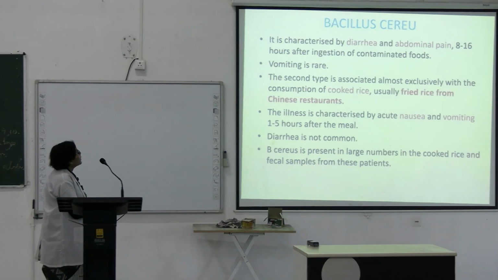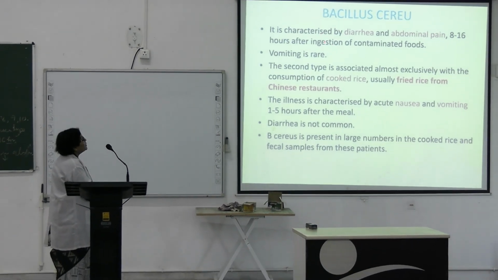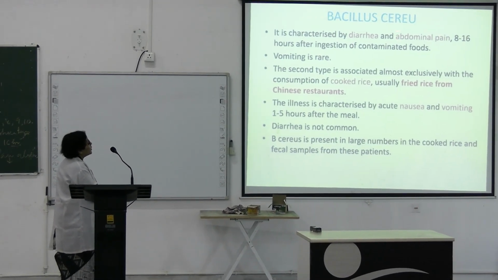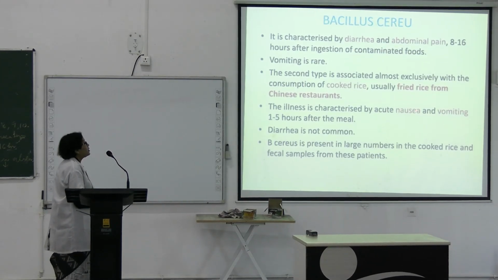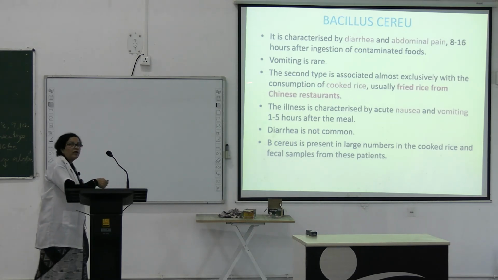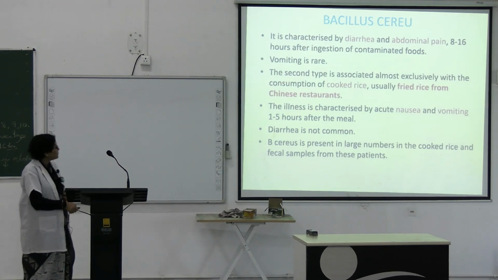You can see there is a diarrheal type, where abdominal pain is there, and another is the emetic type, where there is nausea and vomiting, and it is caused by fried rice from a Chinese restaurant.